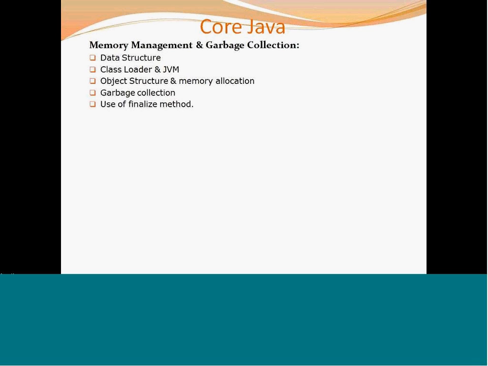Garbage means useless data which you have created but is not going to be used in any of your operations now. As I said earlier, Java has this mechanism to clear out the memory area. How it works, I'll be telling you in garbage collection, and then the use of the finalize method, which is again a Java programming language requirement. So that is all for the core Java part.